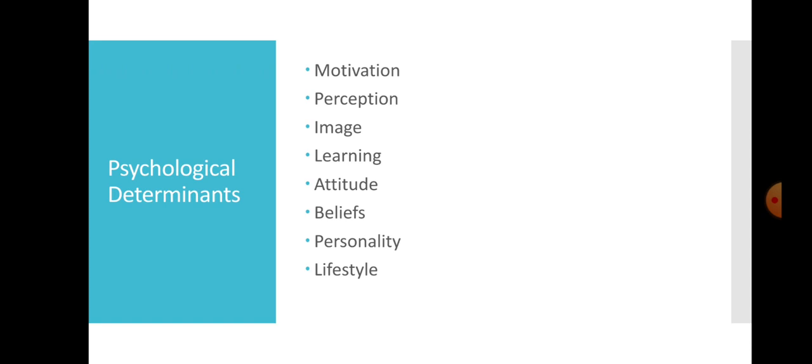The first variable or determinant in this category is motivation. Motivation is the way in which urges, drives, desires, aspirations, or needs direct, control, or explain the behavior of human beings. Motivation is actually the why of the behavior.